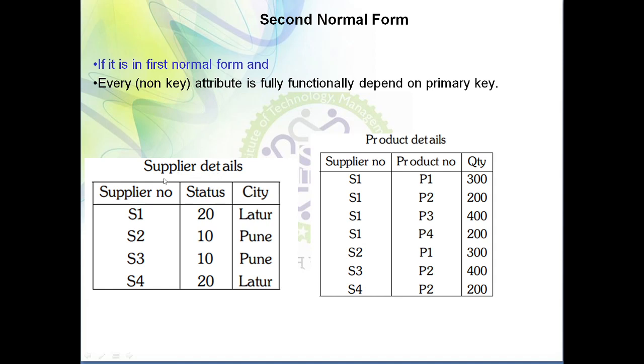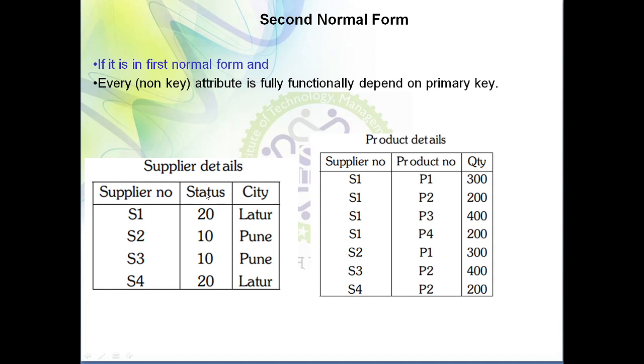That's why the supplier details table is not in the third normal form, because third normal form gives two conditions. The first condition is that it should be in the second normal form, and the second condition is that transitive dependency should not be there. So how to check whether transitive dependency is not there? The simple thing is you need to check whether one non-key attribute is able to find the value of another non-key attribute or not, and this is happening in the supplier details table.